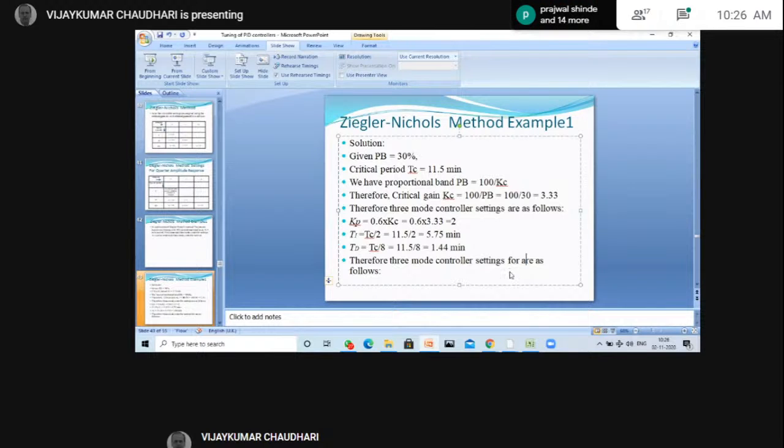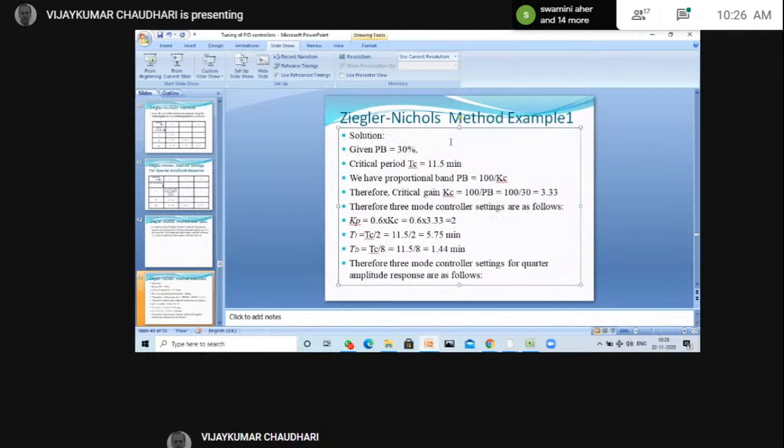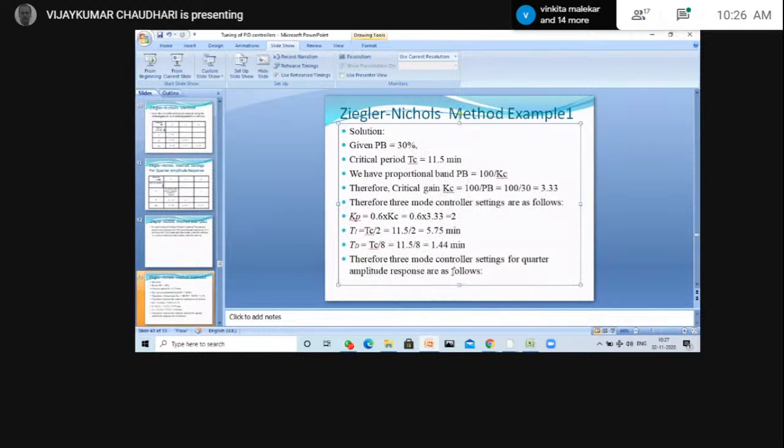Quarter amplitude response. What are those? Kp and Td will be the same.